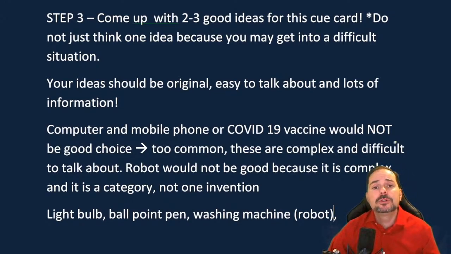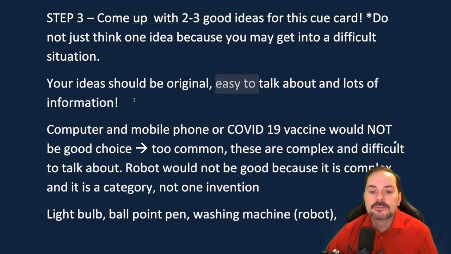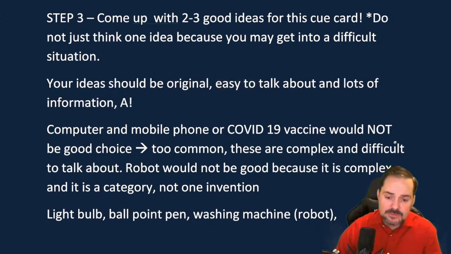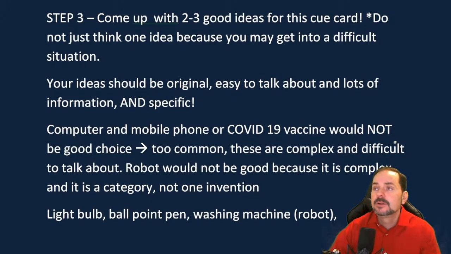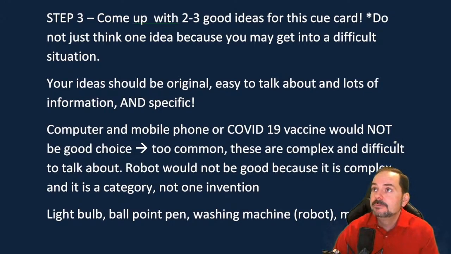So careful to choose something specific, okay? So it should be original, easy to talk about, lots of information, and specific, in some sense, okay? Harmal, a microwave could be a good choice. That's a type of robot too, right? Okay. Asma says maybe let's go to something simple like the wheel, right? Yeah, Asma, that's not a bad one.